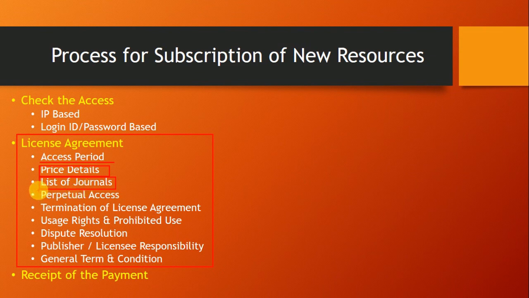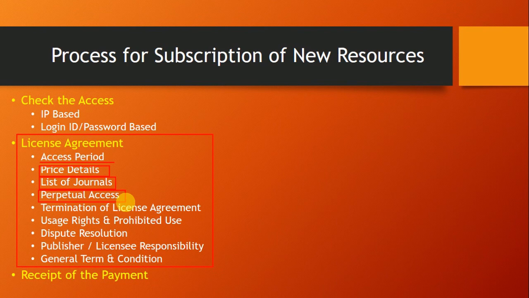The perpetual access. This is one of the very important points which should be considered very seriously. Why? Because sometimes it happens that the journal, due to some technical reason, or for the next year due to some reason, the subscription is not continued for 2 months.